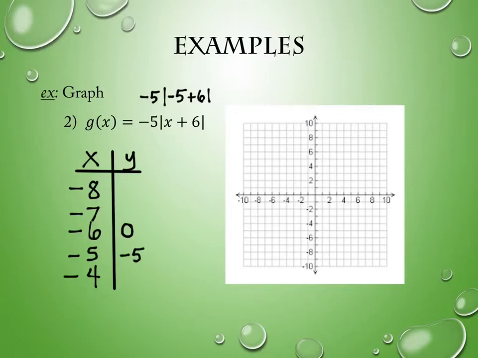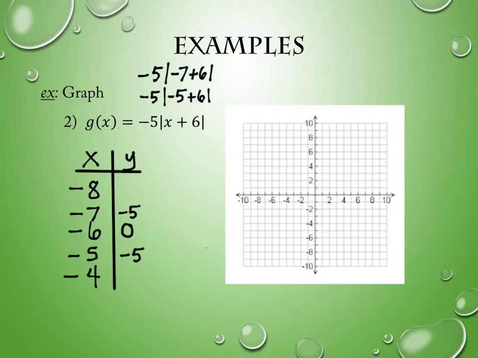And if I plug in the number 1 smaller, so 1 smaller would be -7. What's -7 plus 6? -1. And the absolute value of -1 is 1 times -5. It's -5. The symmetry is happening, right? Because we chose well.